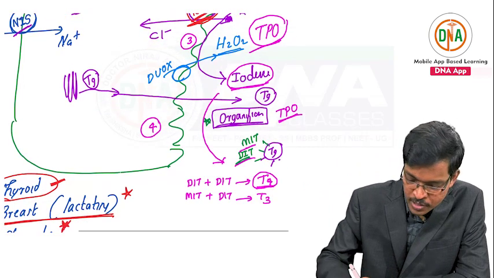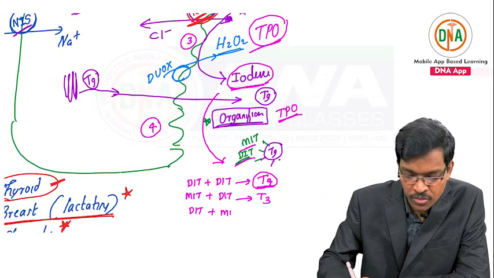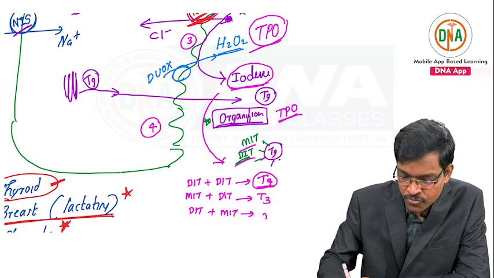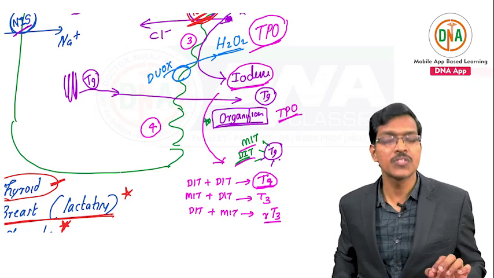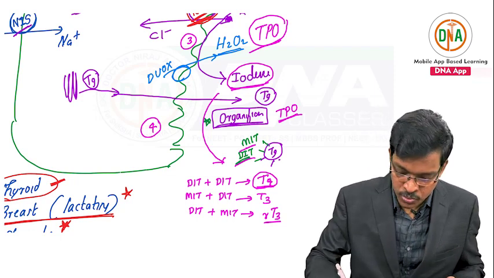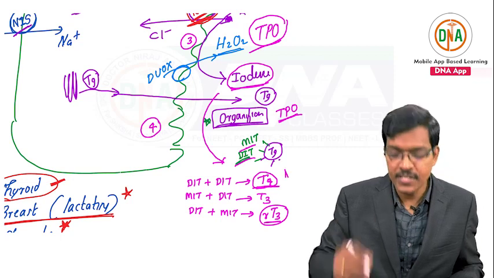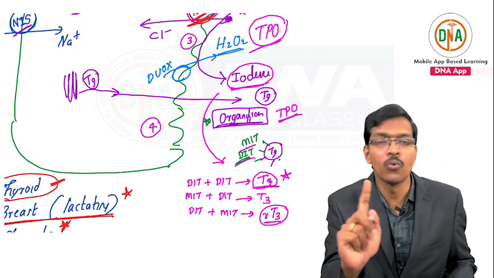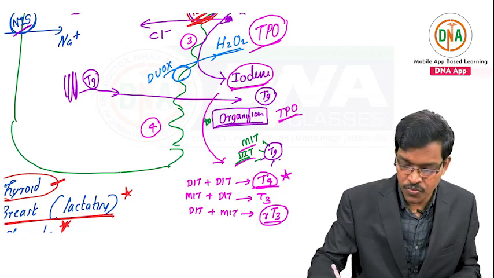In a small percentage, when one molecule of DIT combines with one molecule of MIT, there is a formation of another molecule known as reverse T3. This is formed in very small proportions. The main thyroid hormone synthesized in the thyroid gland is T4, followed by T3, and reverse T3 is formed in very small proportions.